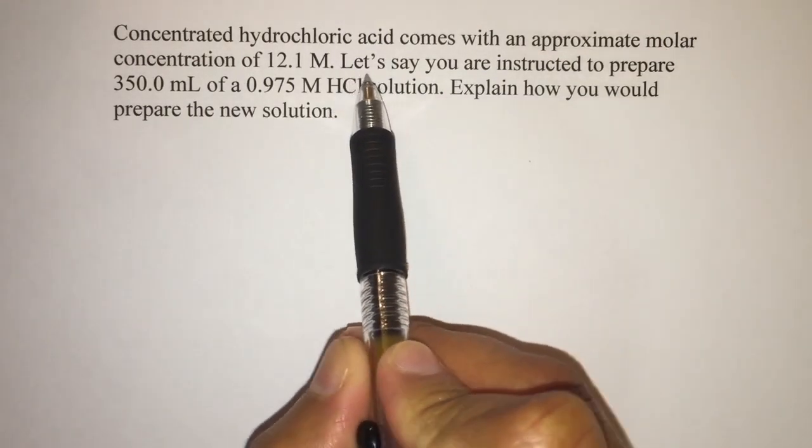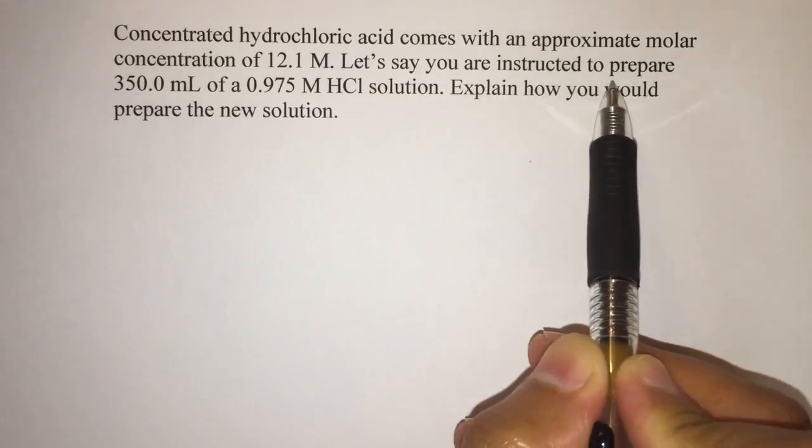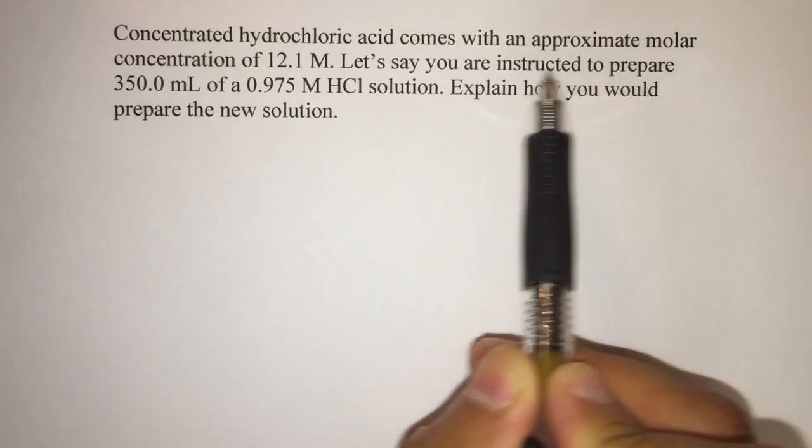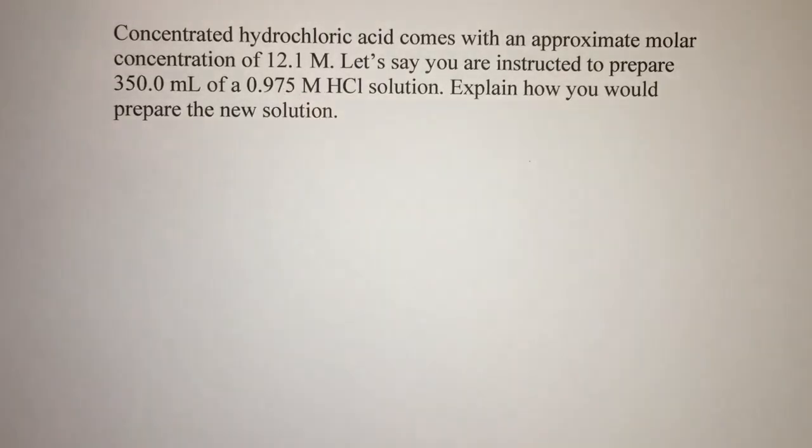Notice how we're being asked to prepare a new solution. How do we know it's new? Notice how the molarities are changing. Keep that in mind as we move forward in this class. We'll be noticing that changes might be happening. So here's one example: the molarity is changing and we're asked to prepare something.